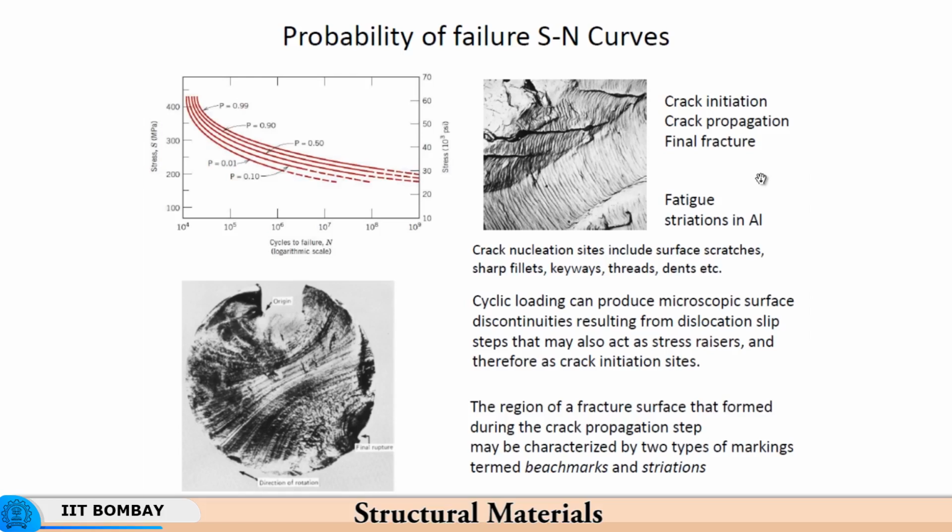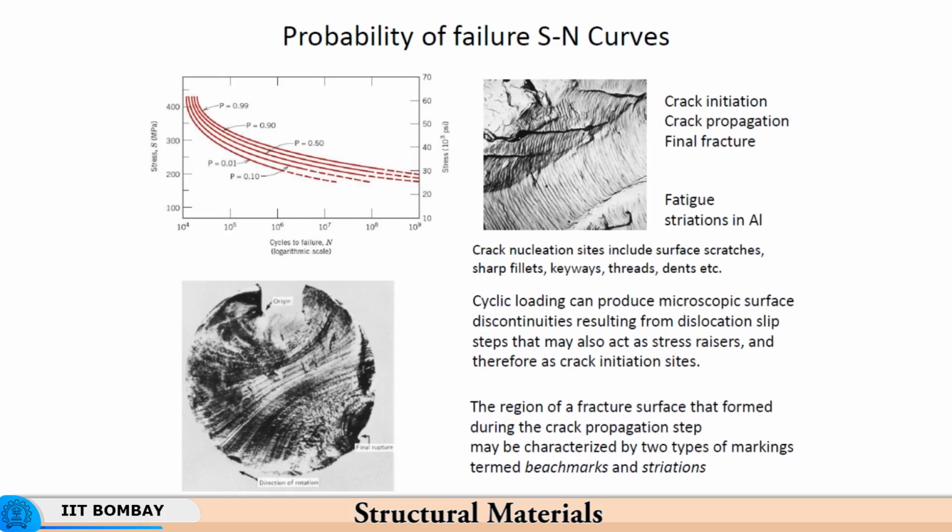And if you want to be even more conservative, even more safe, then you can draw another curve which is lower than this, so that the probability of failure is practically 0. Now if you take a curve where the probability of failure is 0.5, 50-50, and then you apply a factor of safety to it, you can probably be lower than the SN curve corresponding to 0 probability of failure.